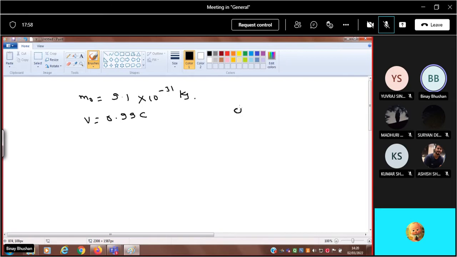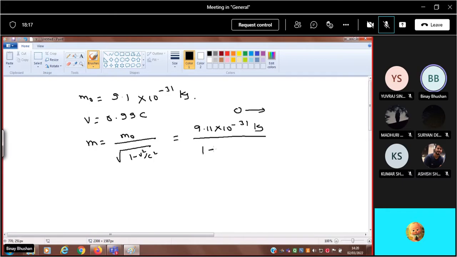When it moves, its moving mass will be m equal to m naught over the square root of 1 minus v square by c square. So you just have to put the values. There is no need to put the value of c here, because in 1 minus (0.99 c) square by c square, c will get cancelled.